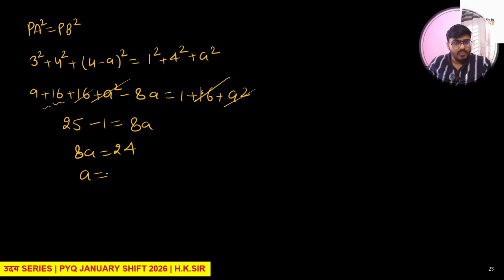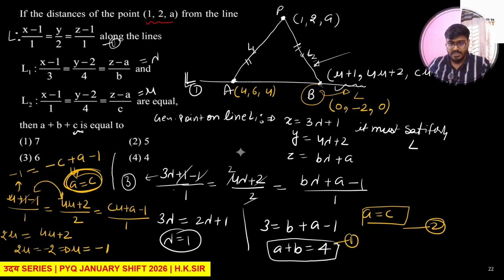From here a equals 3. If a is 3, what is the value of b? B is equal to 4 minus 3, that is 1. If b is 1, a is 3, c is also 3. They are asking a plus b plus c, so 3 plus 3 is 6 plus 1 is 7. So the first option is your answer.